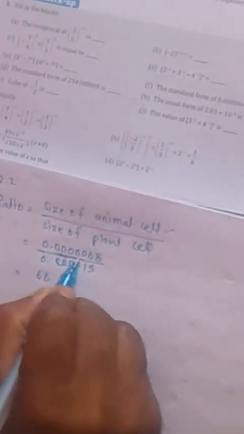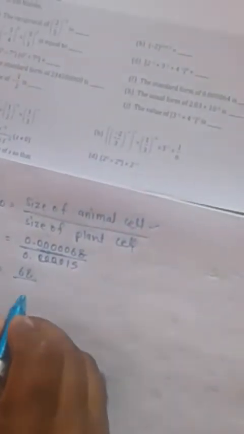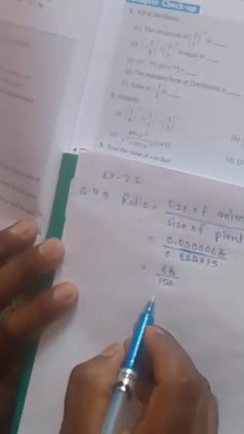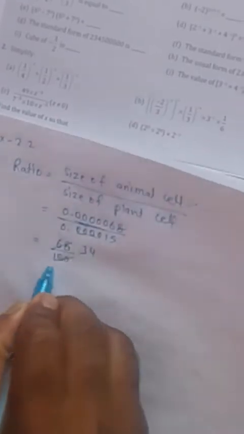After that, to write 68, we have to multiply by 1000, similarly we will multiply this 15 also by 1000. So it will be 68 upon 15. You can also cross-cancel it: 2 3s are 6, 2 4s are 8, and here 2 7s are 14, 2 5s are 10. Now it is not divisible further, so the ratio is 34:75.